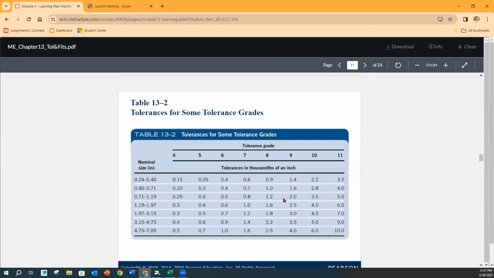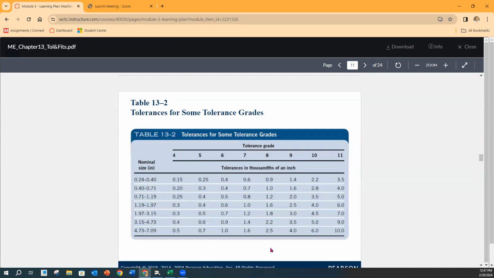Now, tolerance grades, or tolerances for some tolerance grades. Notice that the note here says tolerances in thousandths of an inch. That means, like we did last week when we looked at the RC fit for the bore in the gear to the shaft diameter, we have to move this decimal place to the left 3 places. So it would be 1, 2, 3 on each one of these.